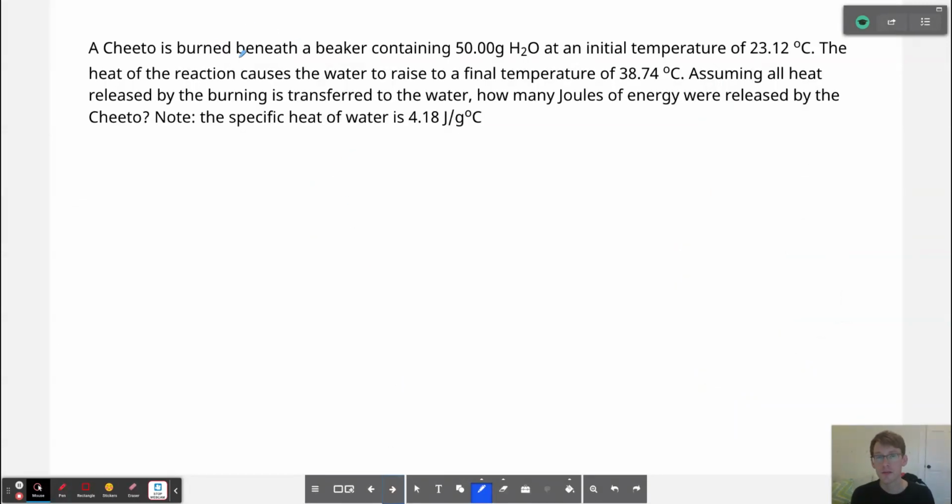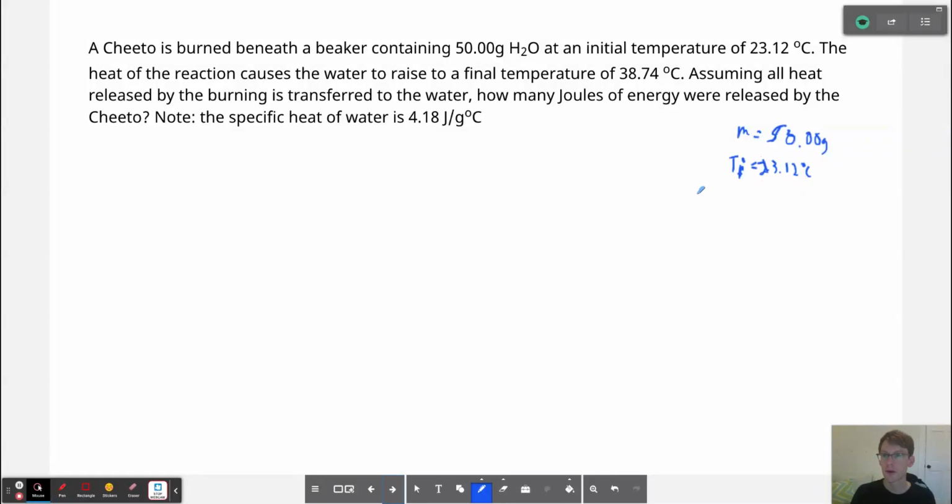So let's solve a problem. We're going to burn a Cheeto beneath a beaker containing 50 grams of water. I'm going to write that over here. The mass of water is 50.00 grams. We have an initial temperature, Ti, of 23.12 degrees Celsius.